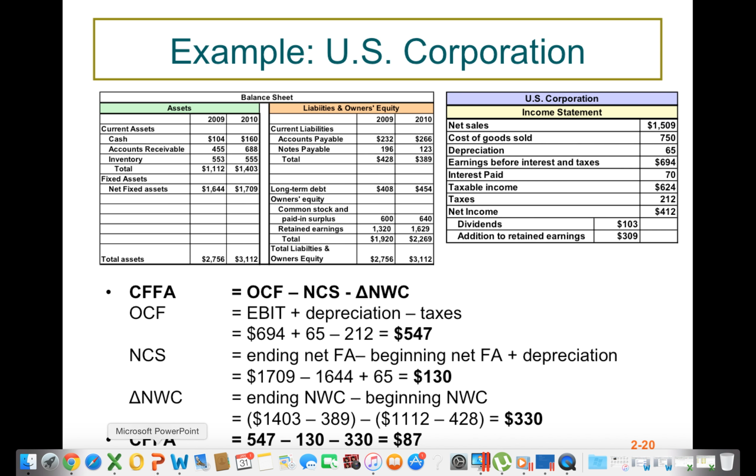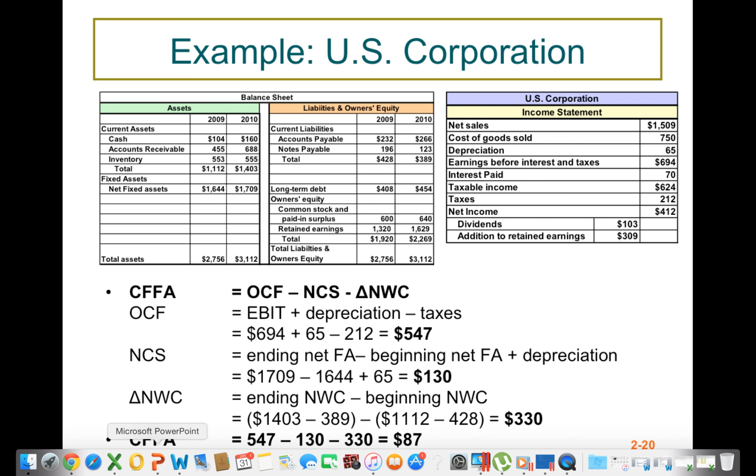We'd find our EBIT. If you refer over to the income statement, you can see that the EBIT is $694. Depreciation $65, and your taxes are $212. You do the math of the equation, and you get yourself your operating cash flow of $547.